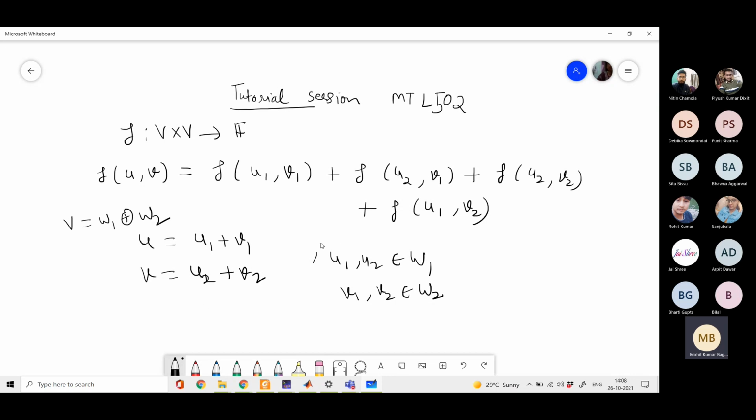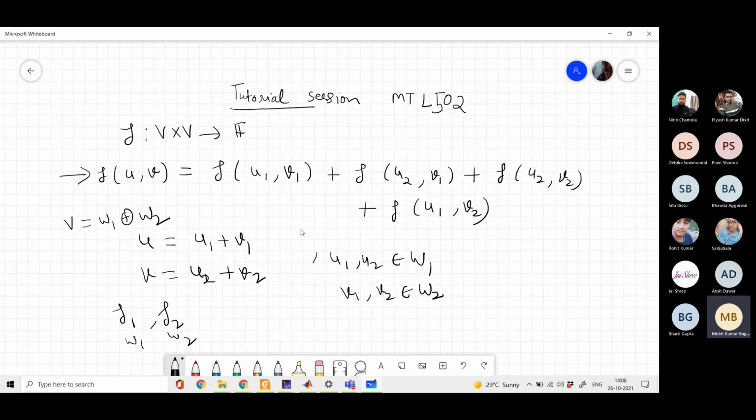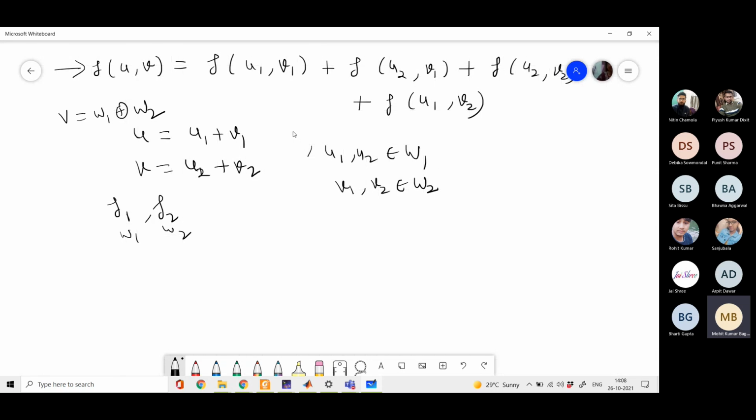And you have to use the given information that F1 and F2 are two inner products on W1 and W2, and how you will use those. Of course you have to make this inner product in such a way that W1 is the orthogonal complement of W2.